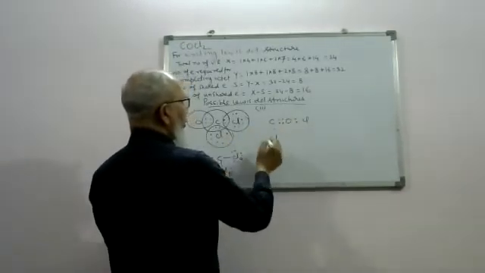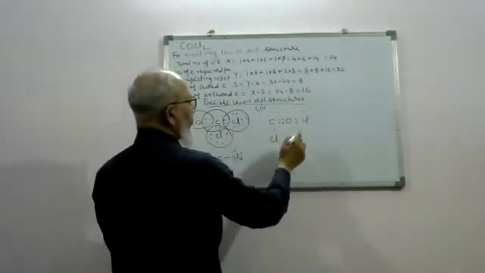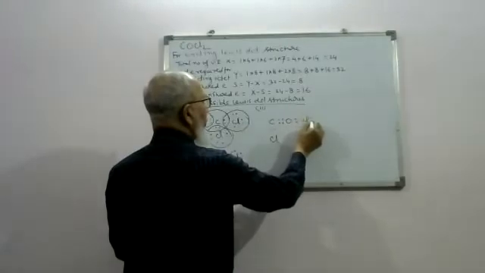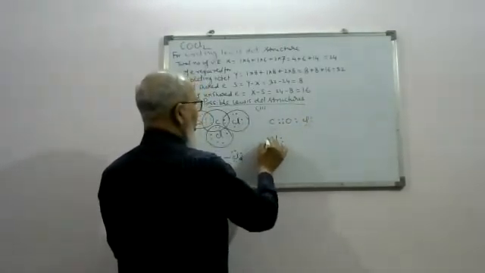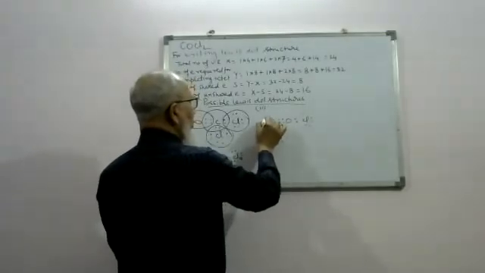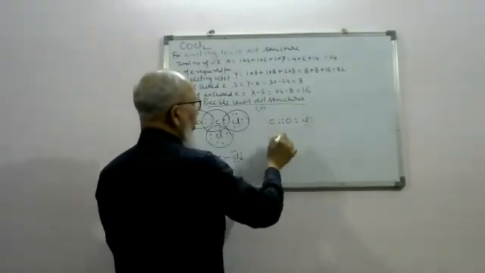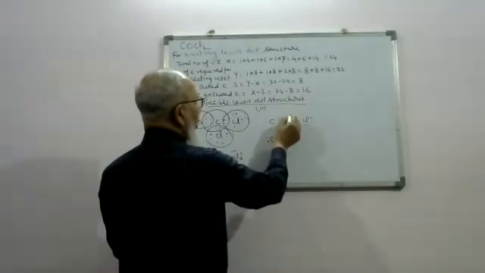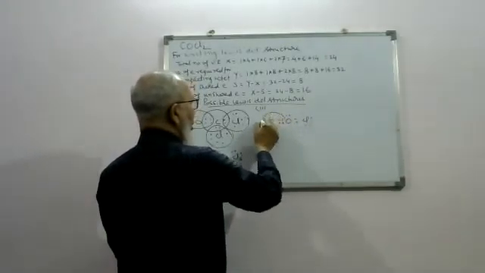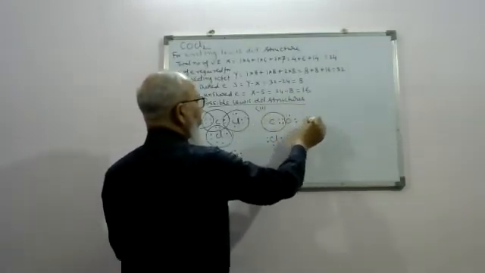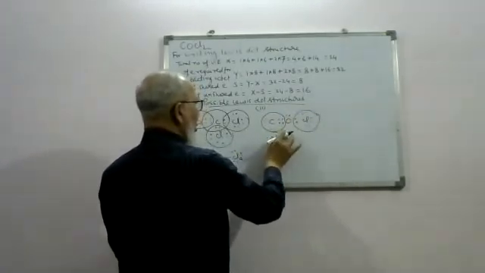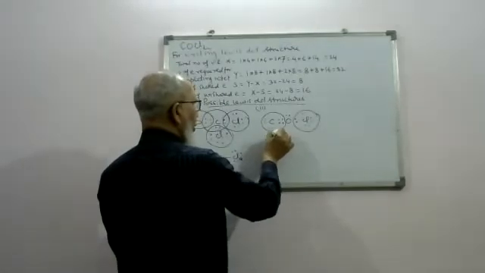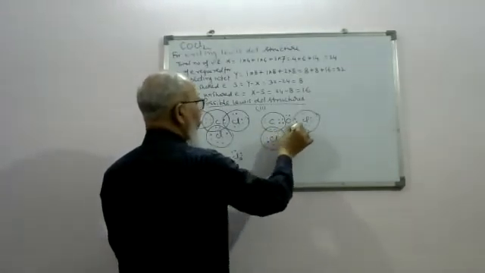Now unshared electrons are how much? 16: 2, 4, 6, 8, 10, 12, 14, and 16. 8 electrons, 8 electrons, 8 electrons, and 8 electrons.